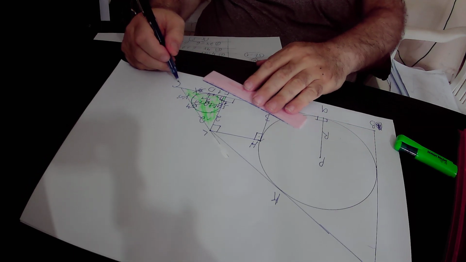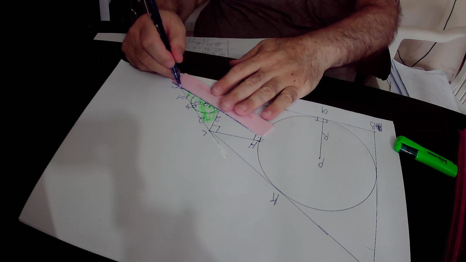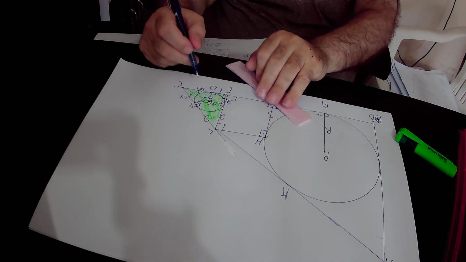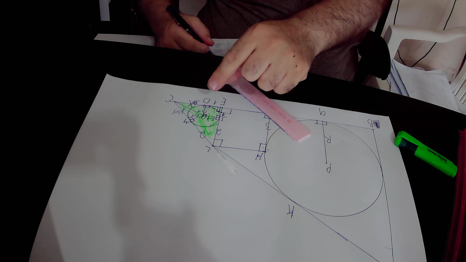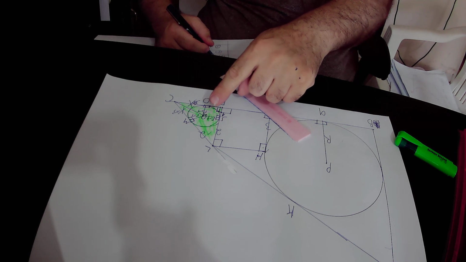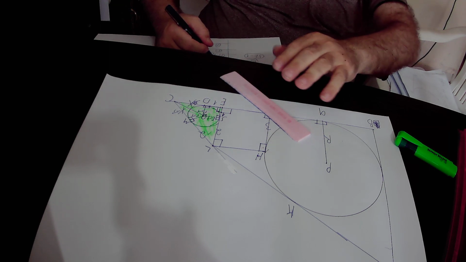In the next step, we'll join points C and O together by a straight line. And we'll prove that the two right triangles that we created here, that is to say triangle OMC, is congruent to triangle ODC.